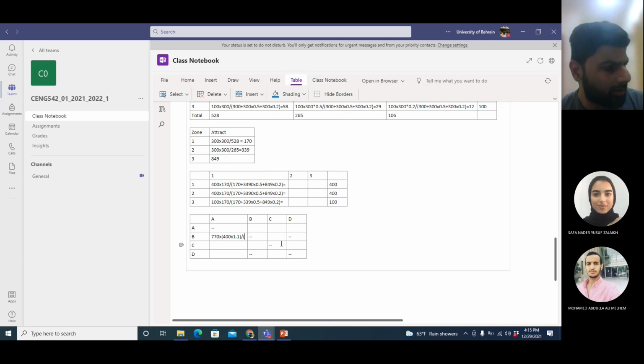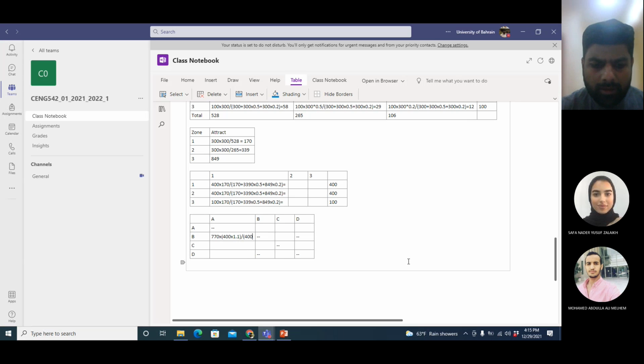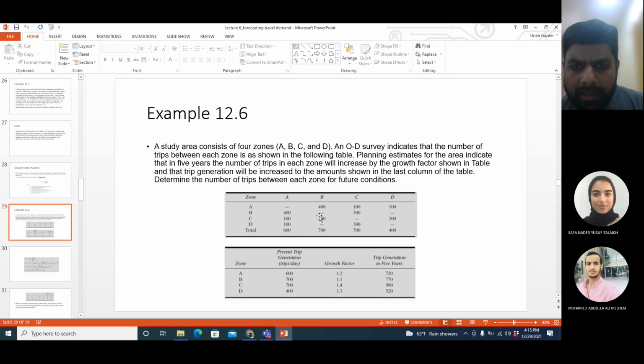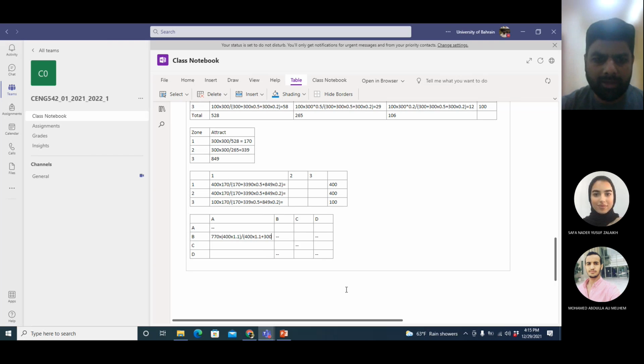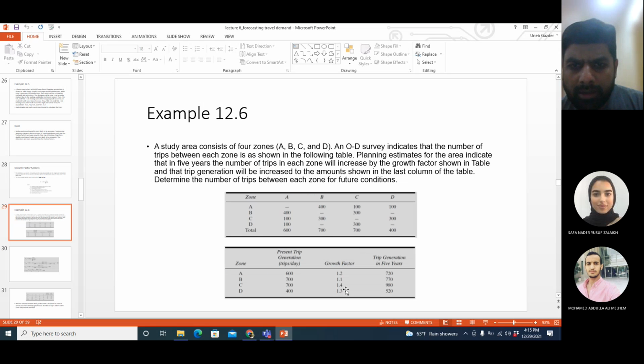So the summation is 400 into 1.1 plus 300, and the growth factor for C is 1.4, so 300 into 1.4.